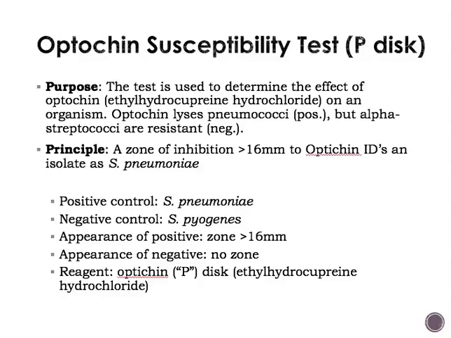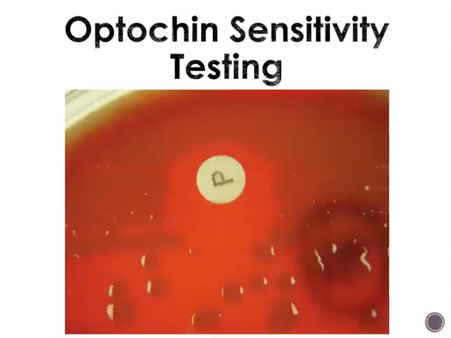I'll go forward to the picture of the actual test results for just a minute. We use an inoculating loop to pick up a single colony from our original culture that we suspect of being strep pneumo, and then we streak it onto our plate.